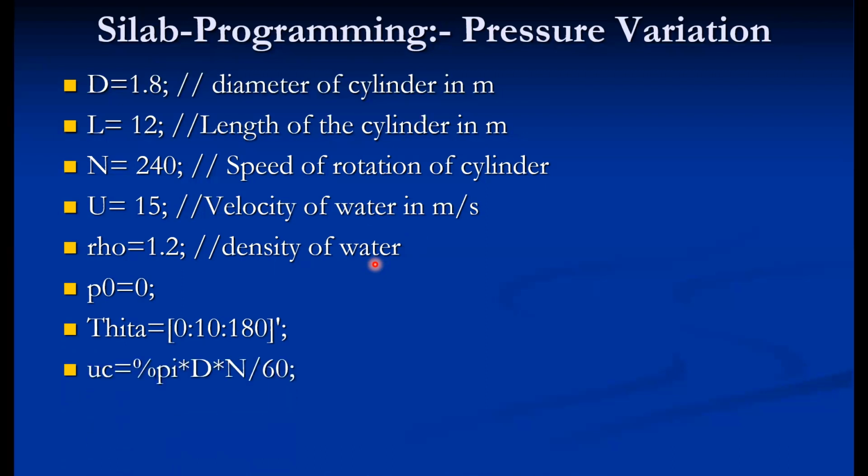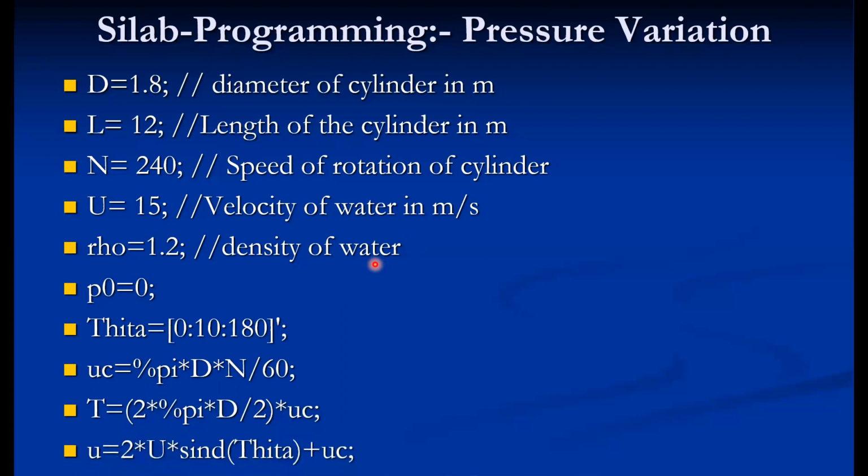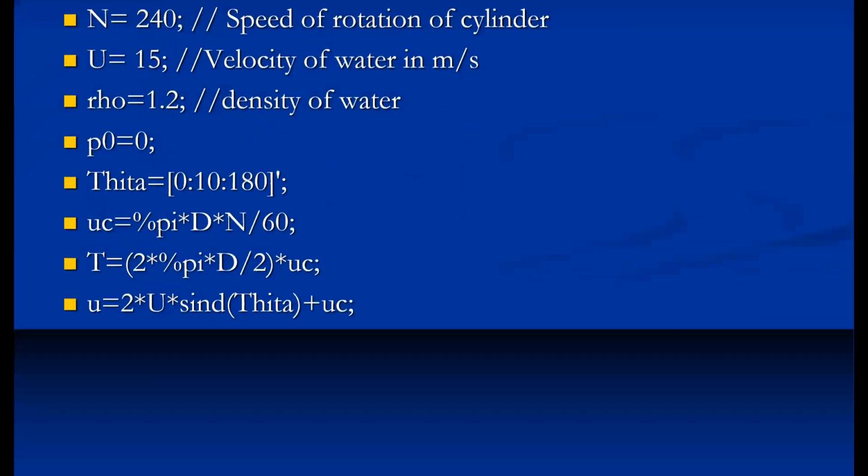Then this is the velocity, that is the linear velocity of the cylinder, pi dn by 60. Then tau we are using, then u, and how to calculate u. These are the expressions we already studied in previous slides, so the same expressions we write.